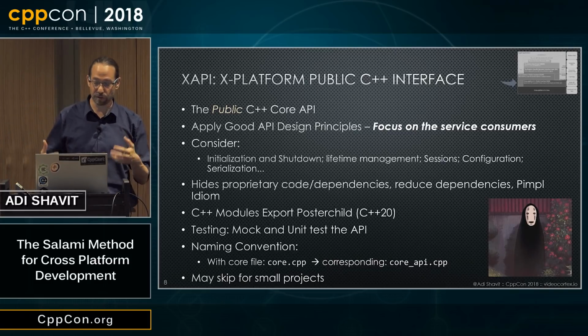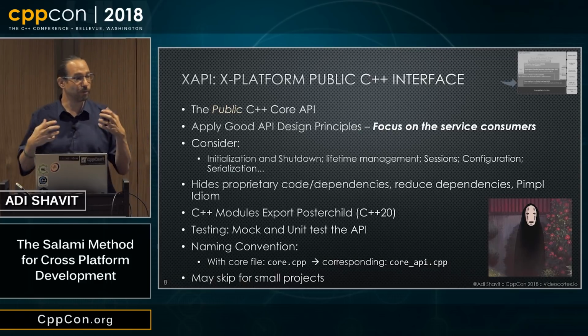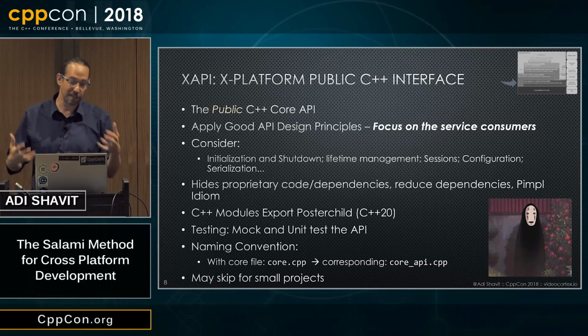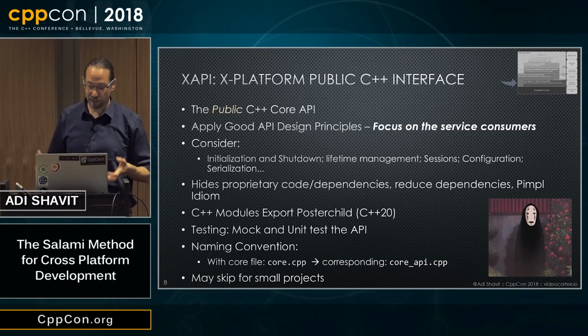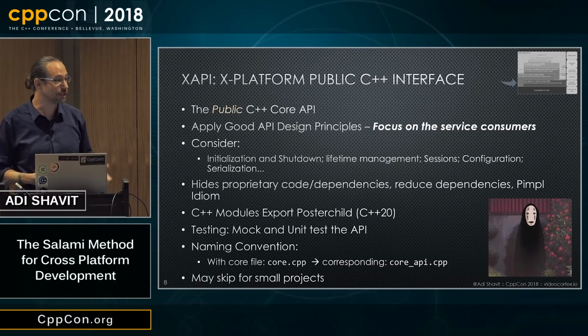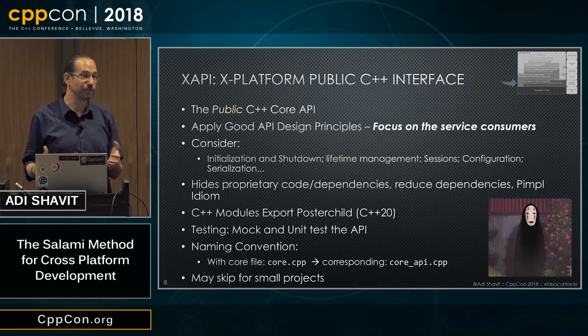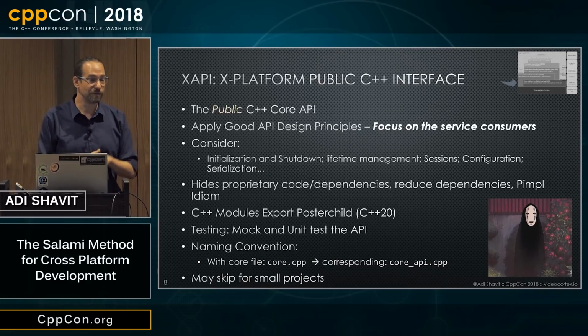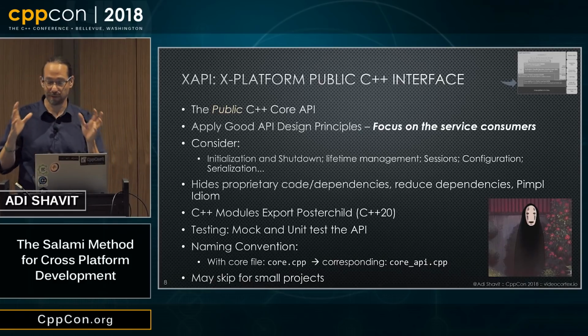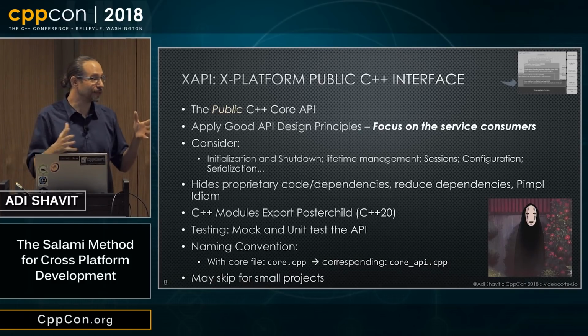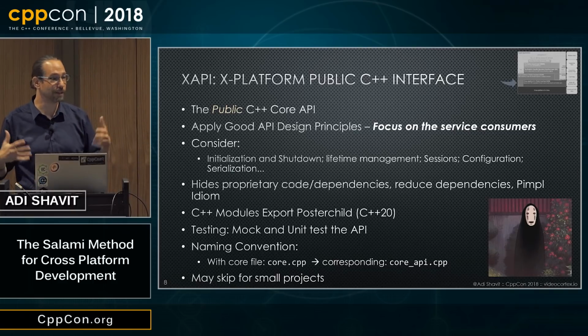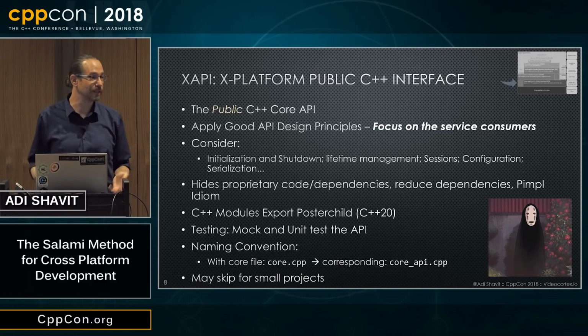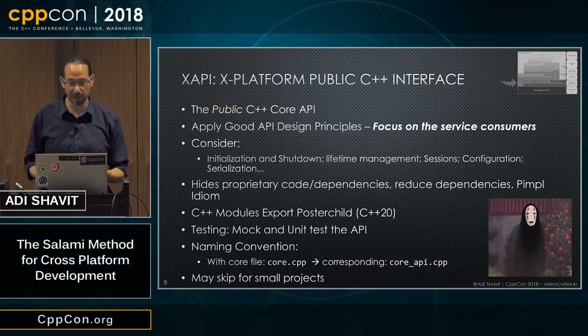We focus on the service consumers. And we're also thinking about things like initialization, shutdown, lifetime management, sessions, configuration, serialization, all of these things that make our software not just some kind of algorithm running in the ether, but actually something that has to run somewhere in the real world and interact with reading files, reading JSON or configurations, maybe interacting with the world.